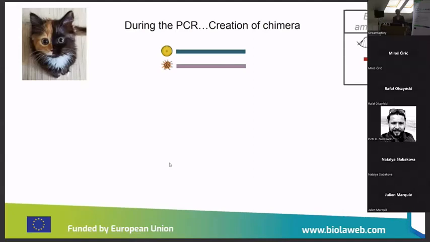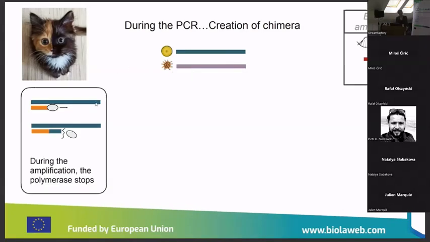Something we have to know is that during these steps, we create artificial fragments that do not exist in reality. This is because you don't have only one template of DNA from one species, but multiple species in metabarcoding. And sometimes the polymerase starts to synthesize a new strand and stops for some reason.